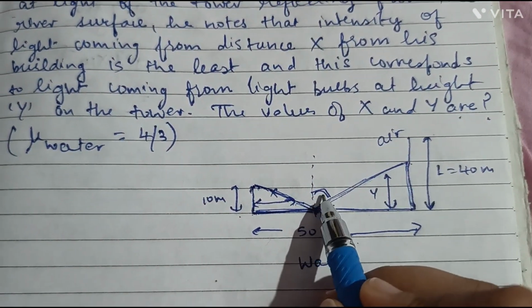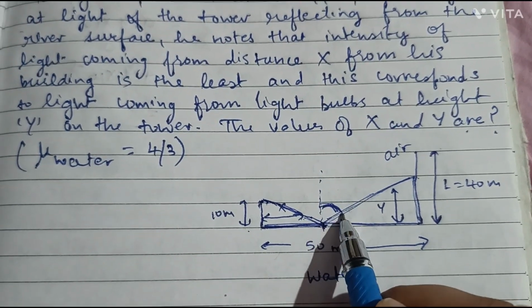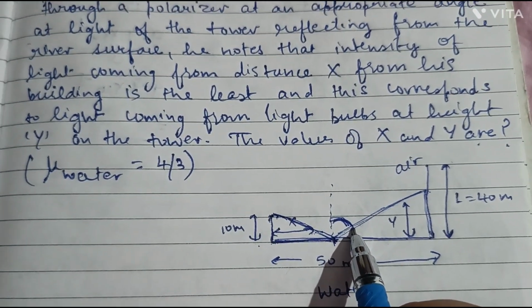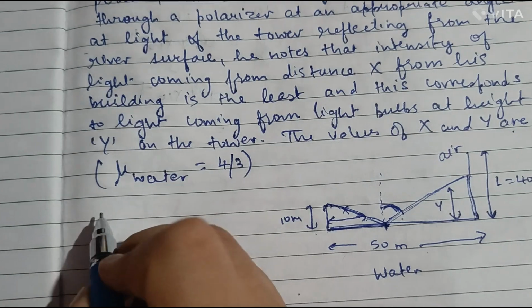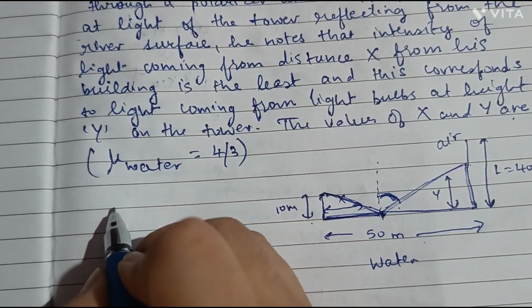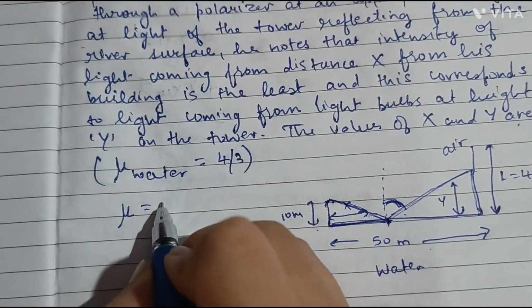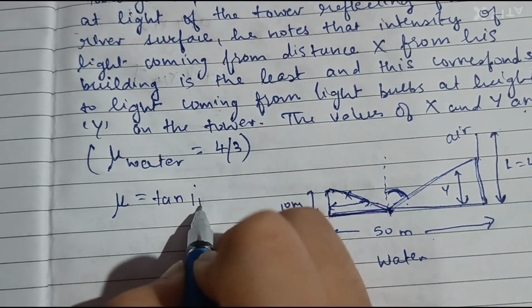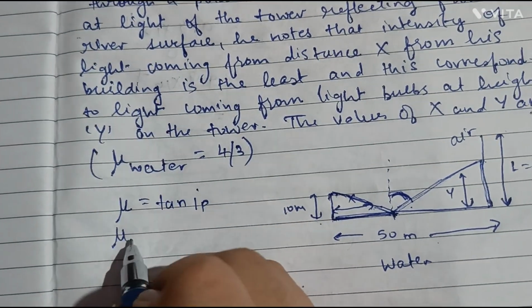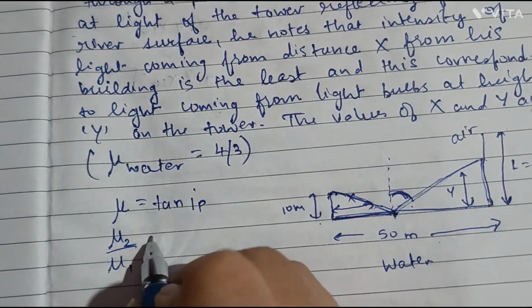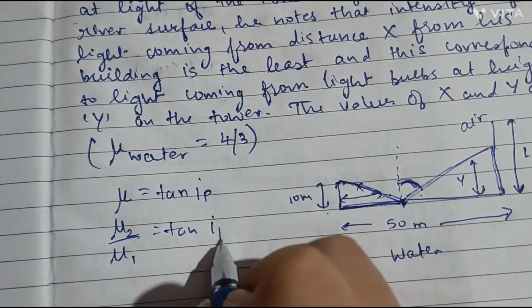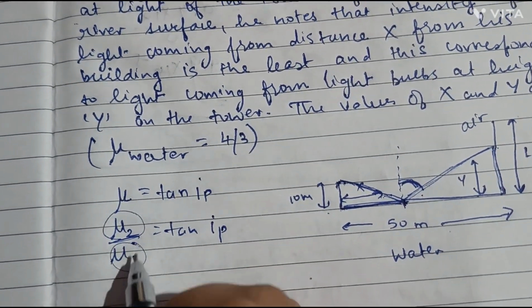First of all, the key thing is we need to find this incident Brewster's angle. And how will we do that? Using Brewster's law. The formula, as I showed you, is mu equals tan IP. Mu is nothing but mu2 upon mu1. So mu2 here is water and this is air.